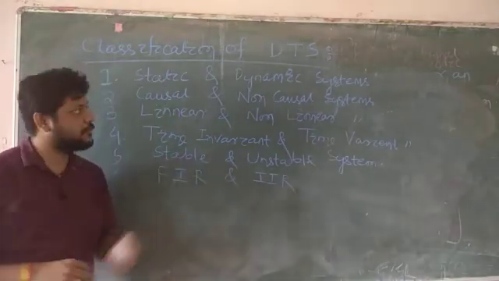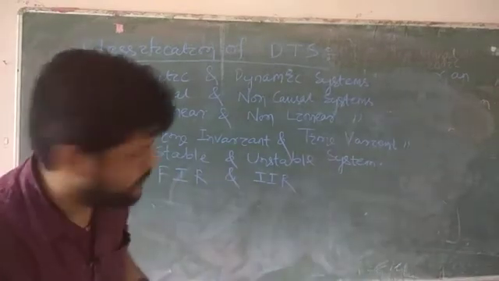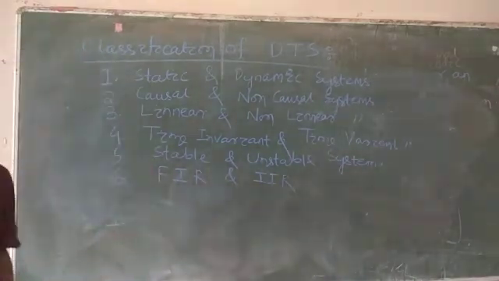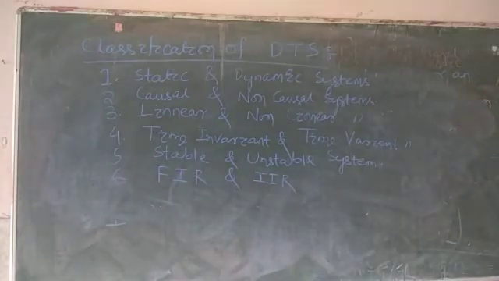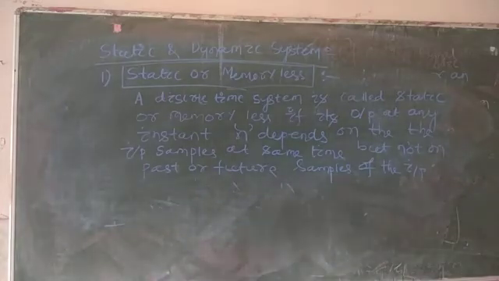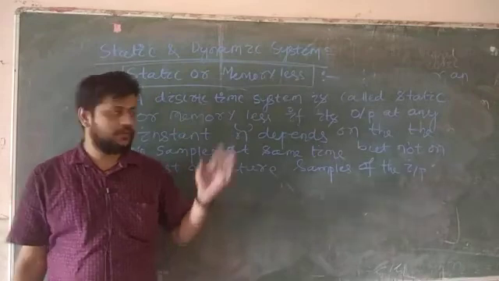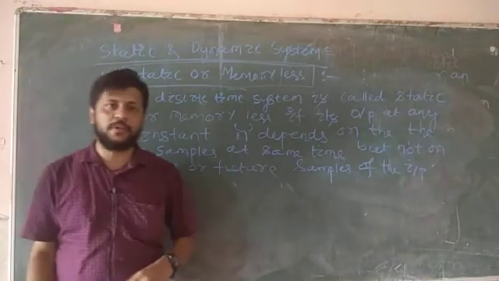The first system we will discuss is the static and dynamic system. Here I have written the definition of static, which is also known as memoryless.